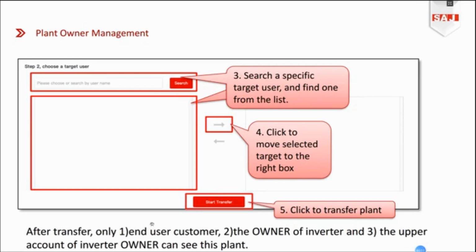After transfer, the end user customer is the owner of the plant, and then the owner of the inverters and the upper account of the inverter owner can see this plant. So the customer or the installer, the owner of the inverter, and the upper account of the inverter owner, which means the distributor. All these three kinds of accounts can see the monitoring.